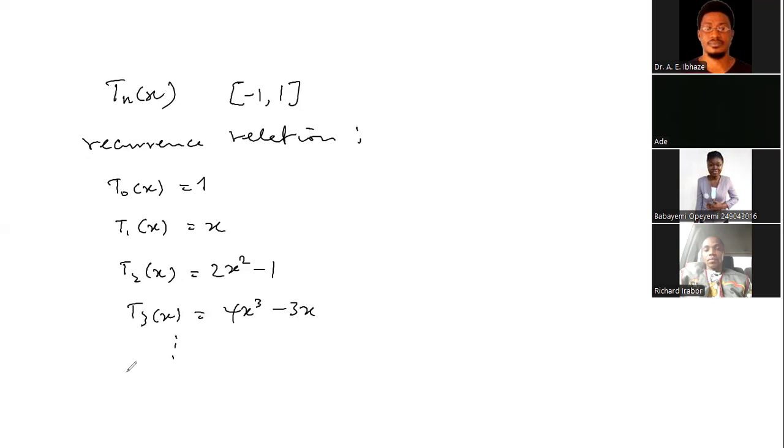So we can literally go on and on by using the nth order formulation, which is the same as Tn+1 of x equals 2x Tn of x minus Tn-1 of x for n greater or equal to 1.